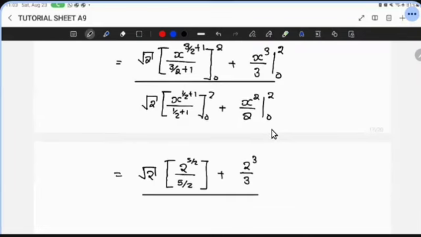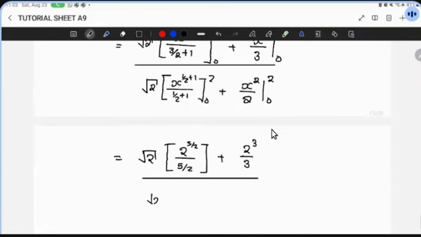In the denominator, we'll have root of 2. And then half plus 1 will be 3 over 2. So when we put 2 where there's x, it will be 2 to the power 3 over 2, over the same 3 over 2. Then plus, when we put 2 where there's x, we'll have 2 squared over 2.